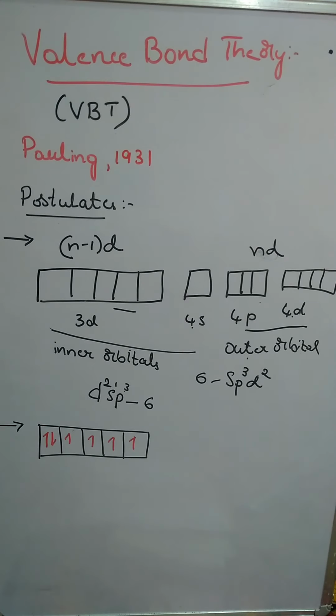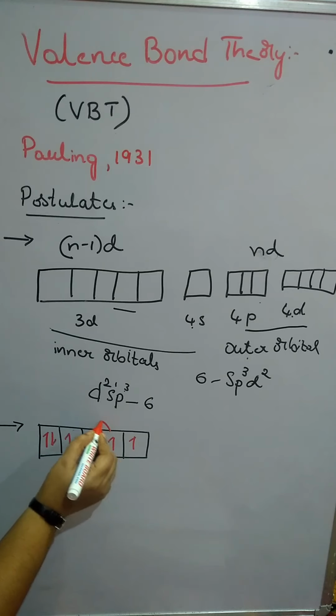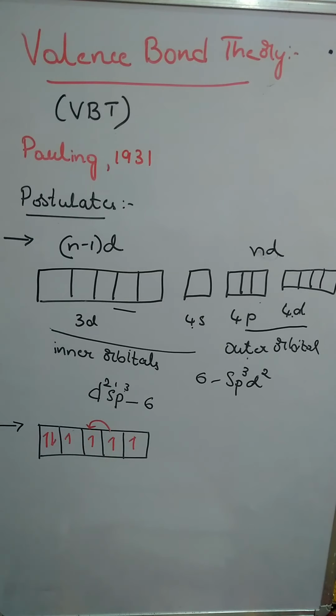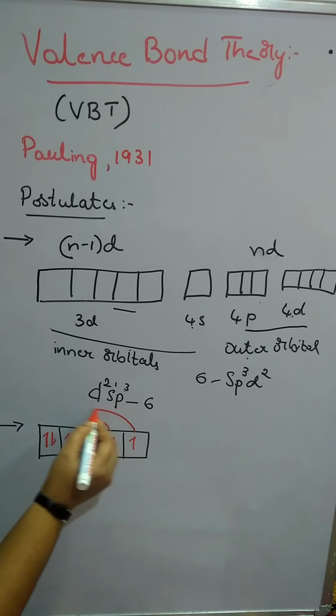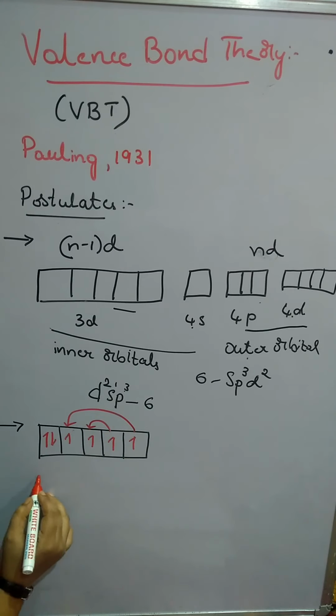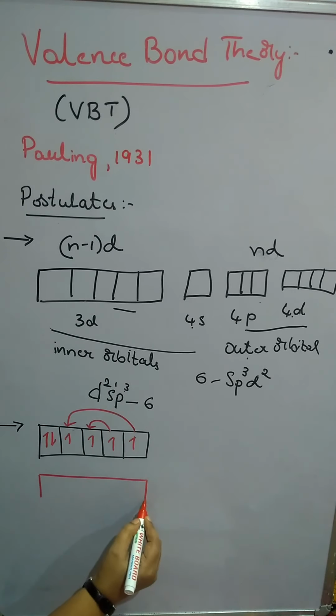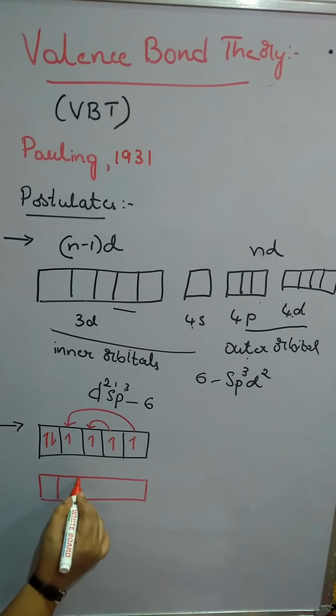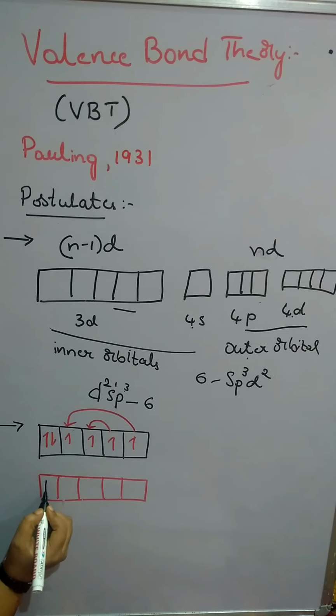An orbital can accommodate only 2 electrons. So if unpaired electrons are there, then an electron from one orbital may shift to another orbital. This may shift here, then the electronic configuration may change too.